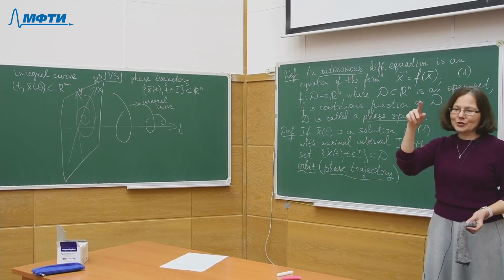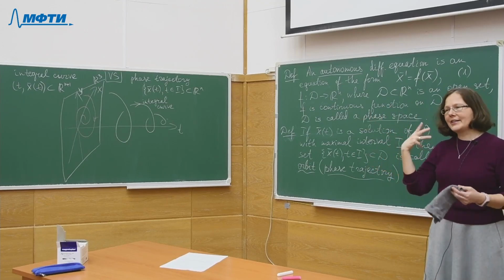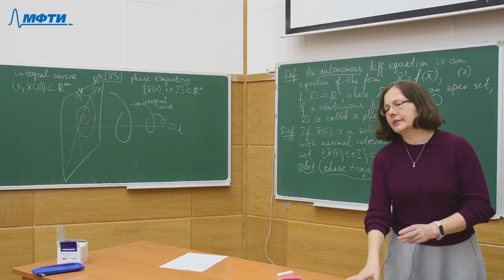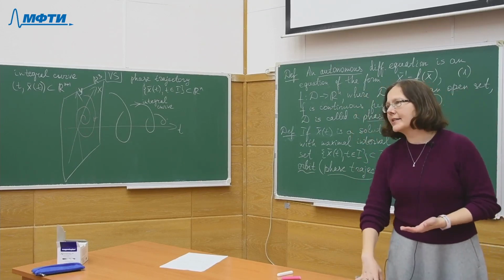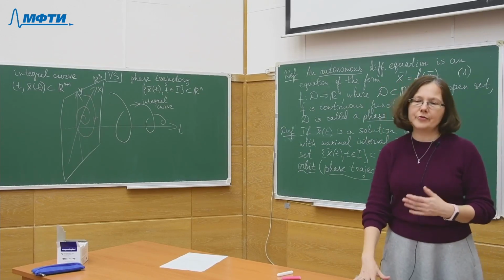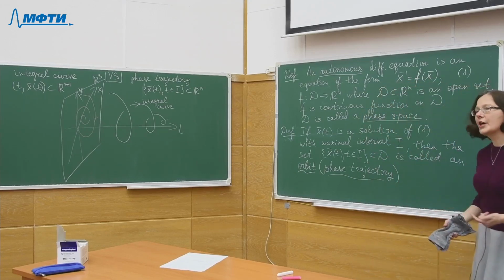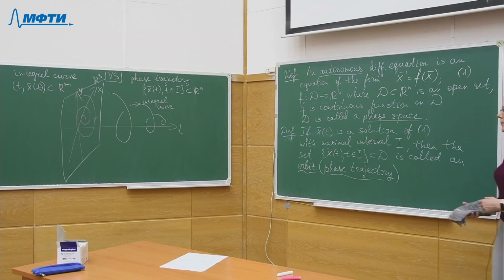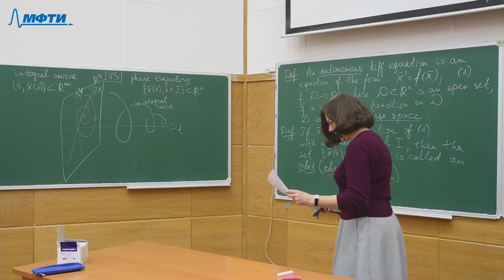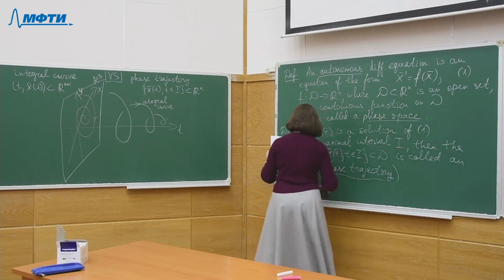So usually we draw several phase trajectories, and this set represents a phase portrait or phase diagram. A phase portrait is a set of phase trajectories. Well, phase portrait, phase diagram.